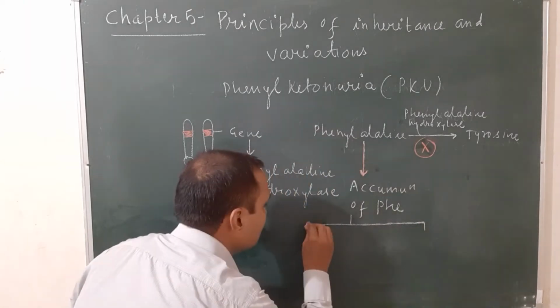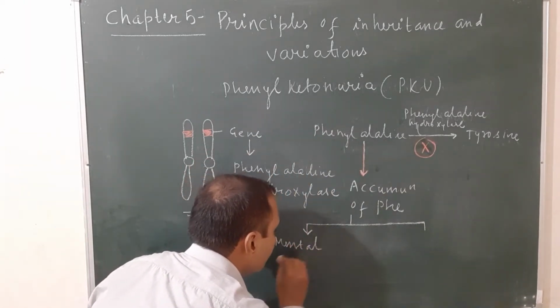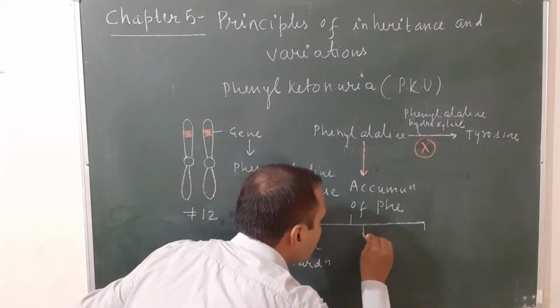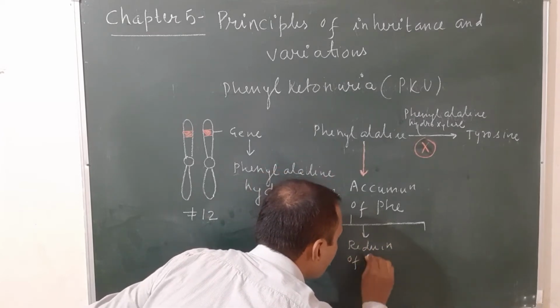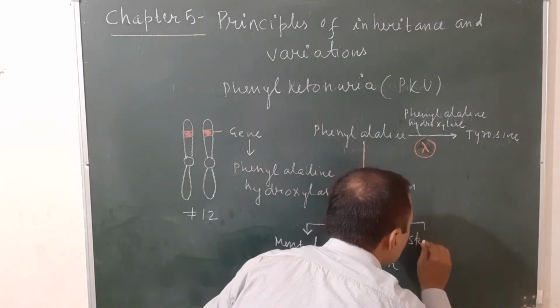The first one is mental retardation. The second one is reduction of hair. And the third one is skin pigmentation.